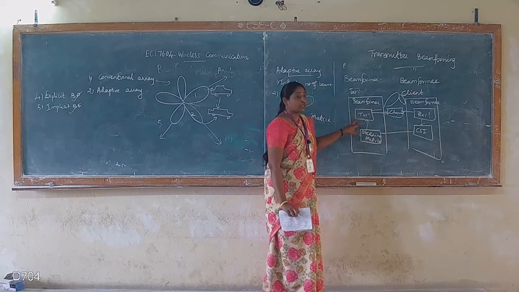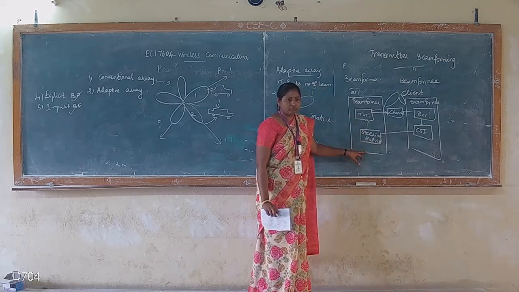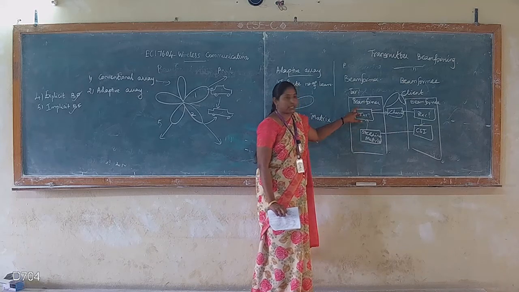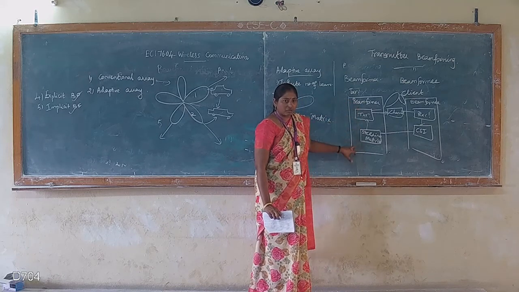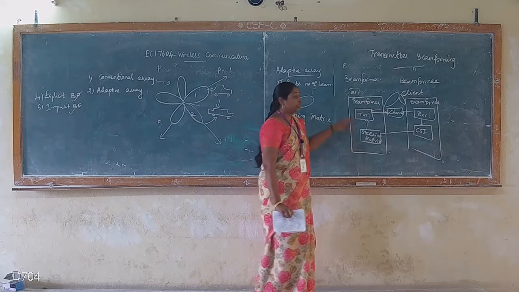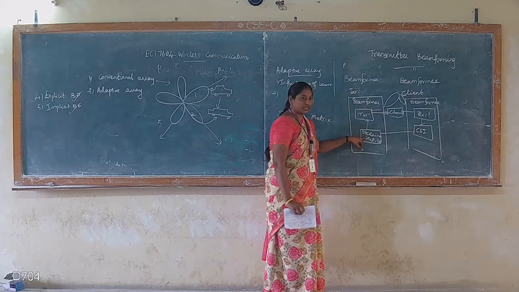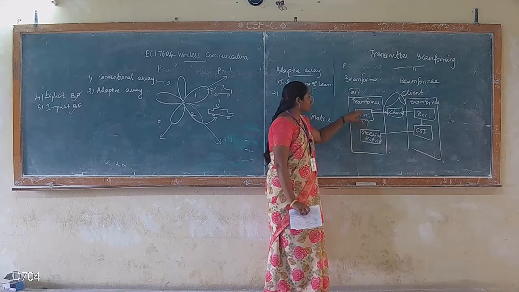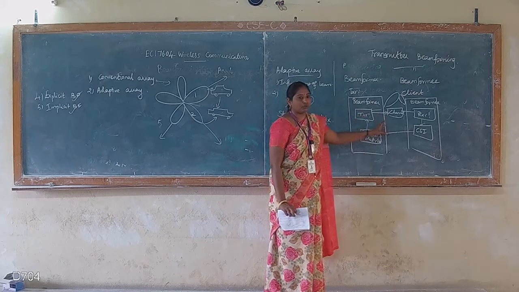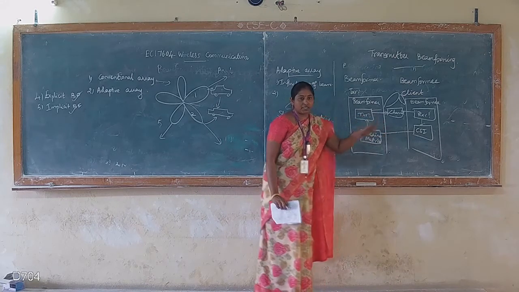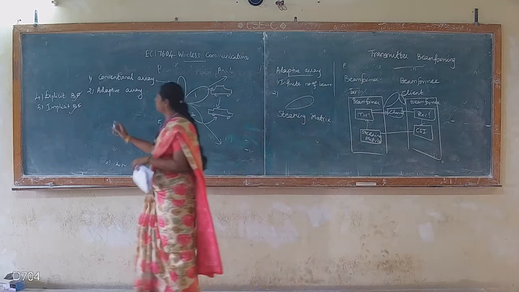Now the beamformer, which is the transmitter, calculates the channel state information, then calculates the steering matrix, and using that steering matrix the transmitter forms a beam. That is the principle of implicit beamforming.